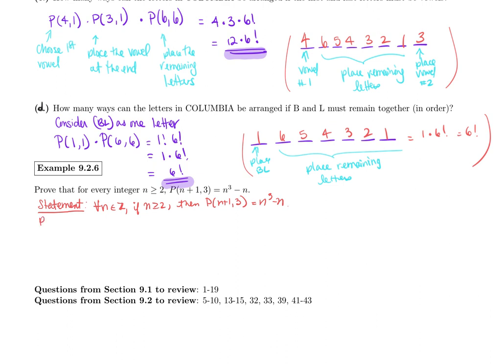All right, our proof says we're going to suppose n is an integer such that n is greater than or equal to 2.